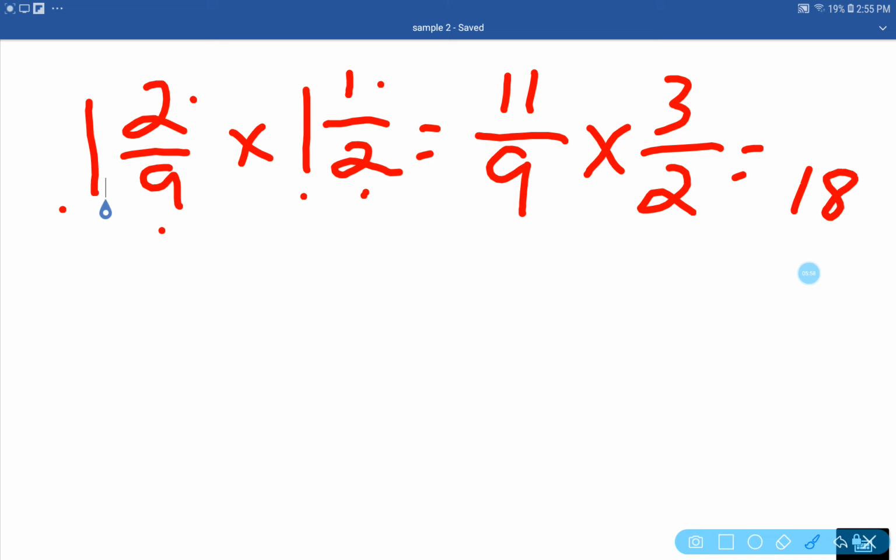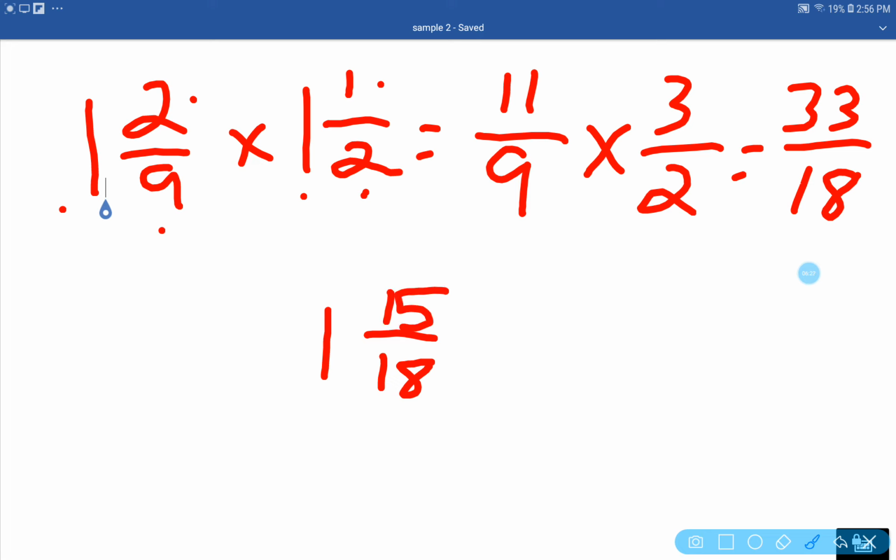So that's going to be 18 and 33. And then what we're going to do is take 18 into 33 because that's an improper fraction, so that's going to go one time. 18, and let's see here, what's that remaining? 33 minus 18 is 15 left over.